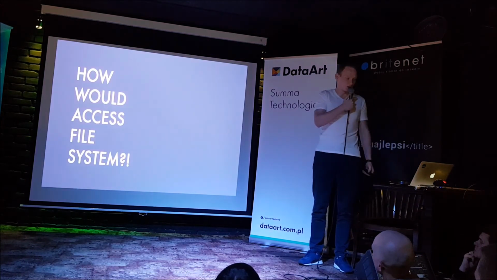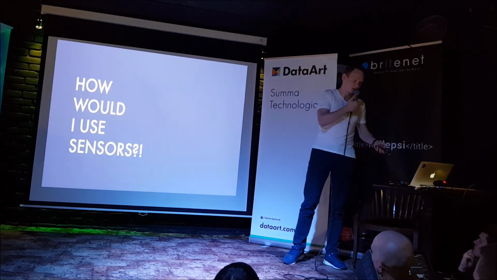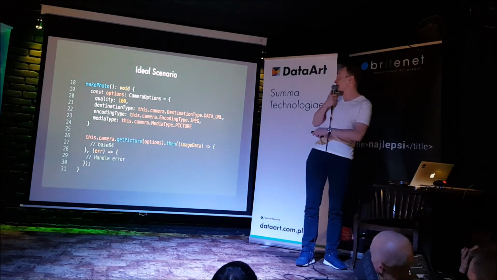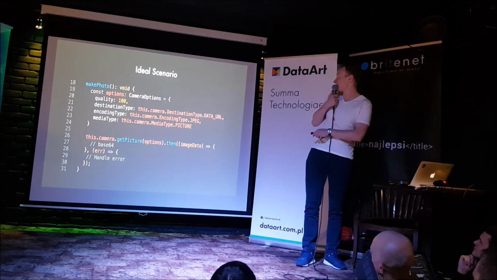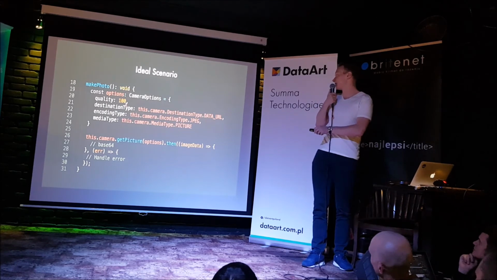Okay, it's time to talk about plugins: how we can access our file system, how we can access the camera, how we can access sensors, and I'll extend that example I showed you. So we have the camera object, which I imported on the previous slide with code, and you can see some options.